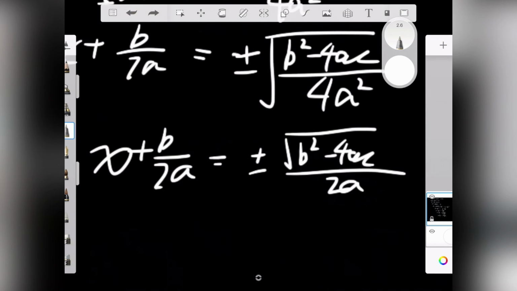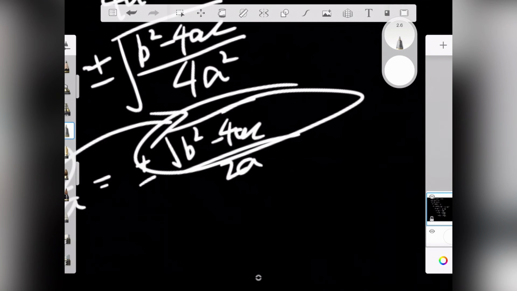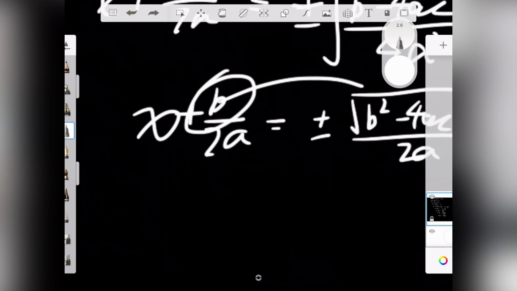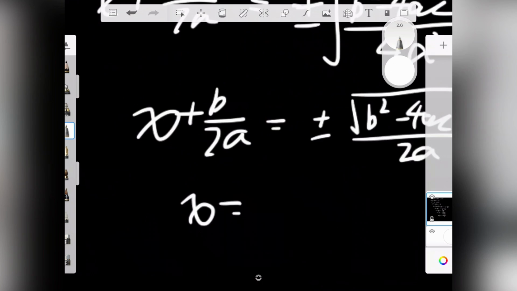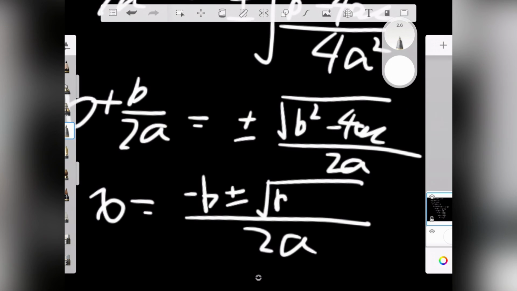So what we're going to do is move this to the right at the top. So we should get the last expression, with the denominator 2a, and minus b plus minus this expression b squared minus 4ac.